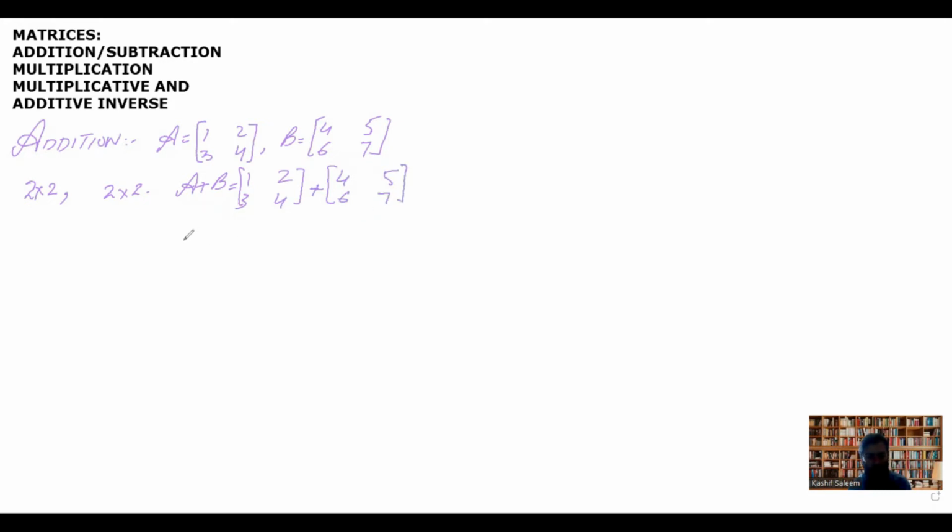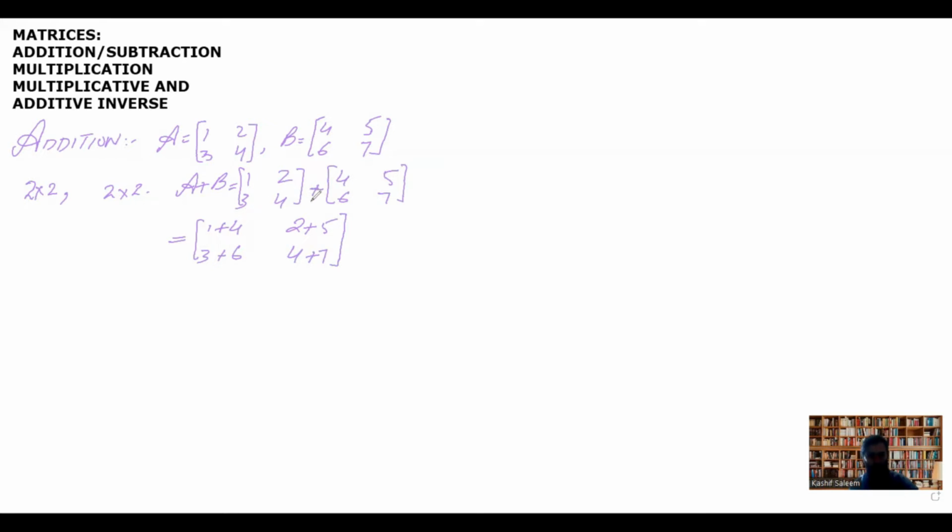You can add it like 1 plus 4, 2 plus 5, 3 plus 6, and 4 plus 7. So this is term by term addition, element by element addition.